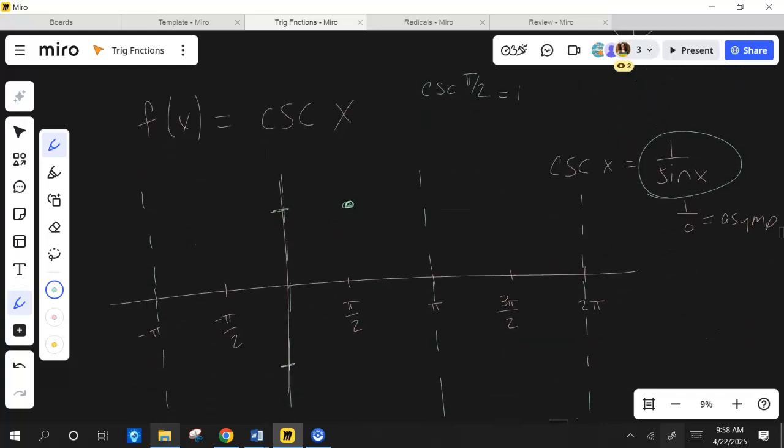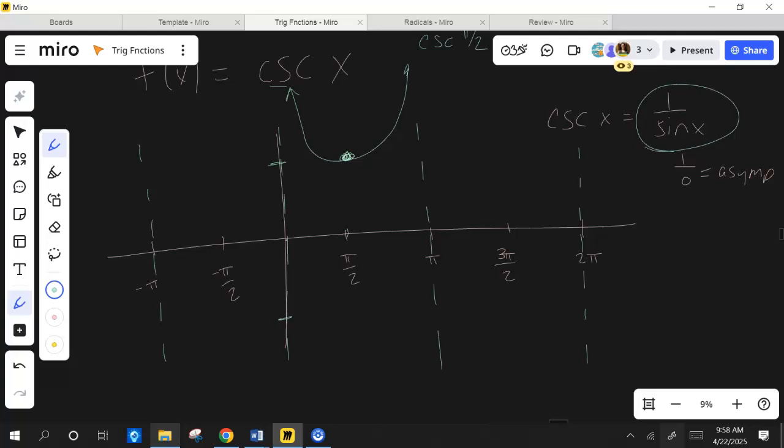So this looks kind of funky, and I just want you to be familiar enough with this that you know what these look like, okay? Instead of curving like this, this flips up and hugs these asymptotes this way. This is not a continuous graph. At that point, pi over 2, 1, and then it hugs up like a parabola.